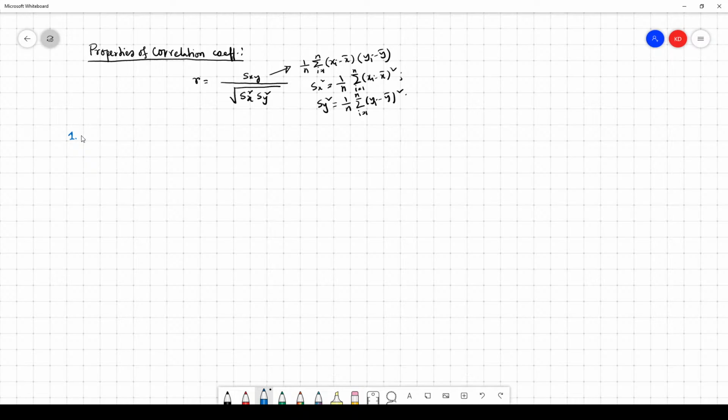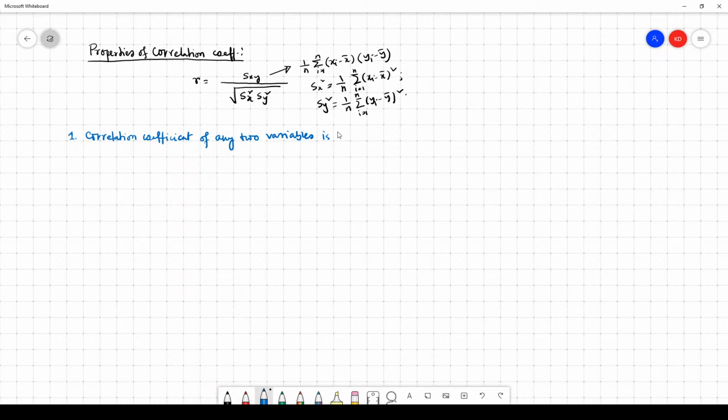So property 1: the correlation coefficient of any two variables is a pure number. We already showed that R is a unit-free measurement.